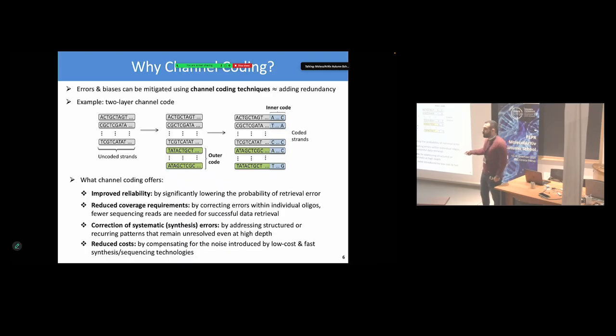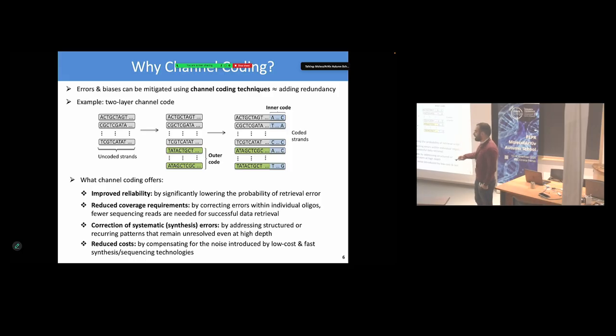And this is something you could do today. For instance, you have different synthesis providers. Some are less expensive than the others, like GenScript is less expensive than Twist. And lower cost in general correlates with lower quality. So if we can deal with lower quality synthesized oligos because of channel coding, then we would indirectly decrease the cost of DNA storage.